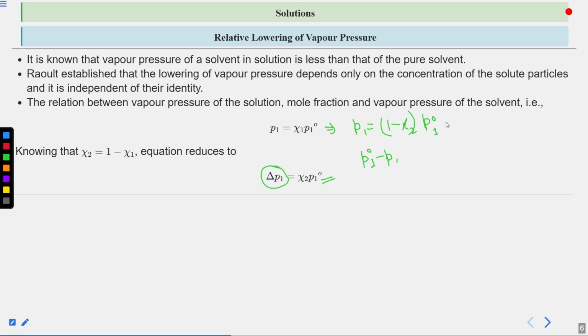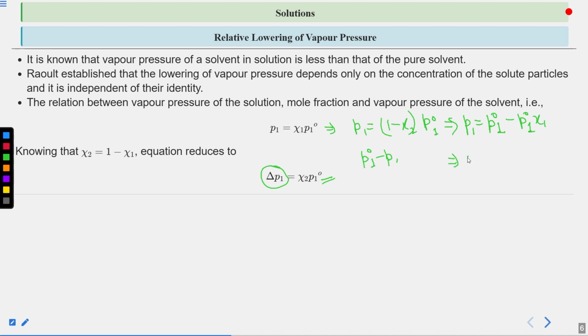If you multiply it within the brackets, you will get P1 equals P naught 1 minus P naught 1 chi 2. Okay. Just bring all of this to the left hand side.